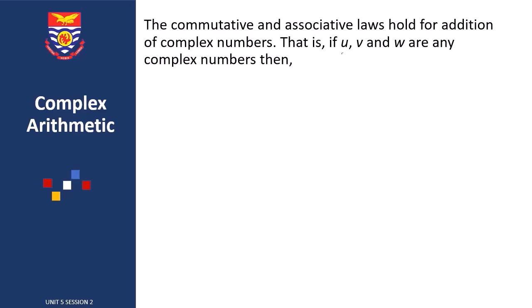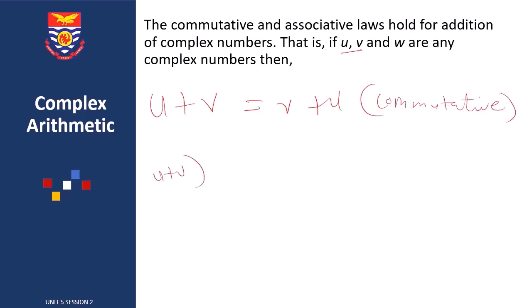When u and v are any complex numbers, we can write u plus v equals v plus u, and this is commutative. Likewise, u plus v plus w is the same as u plus v plus w grouped differently, and this one I call associative.